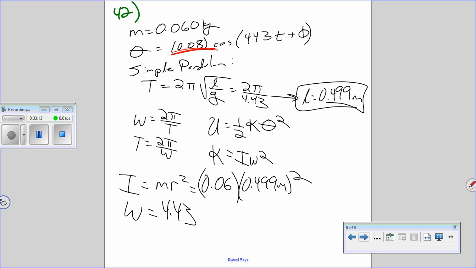I tried to use the V max, or velocity maximum. It was like the smaller omega times theta max. But does that not work because we're in a different sort of pendulum?